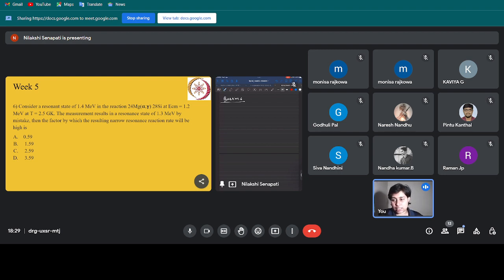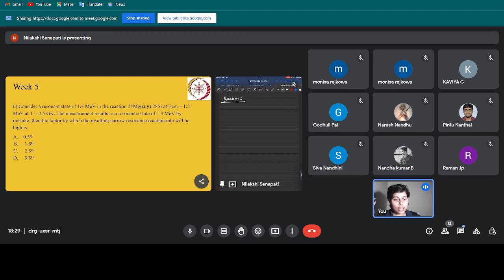It says to consider a resonance state of 1.4 mega electron volt in this reaction at ECM equal to 1.2 mega electron volt at T equal to 2.5 gigakelvin. The measurement results in a resonance state of 1.3 mega electron volt by mistake, but it has been calculated at some other value. Then the factor by which the resulting narrow resonance reaction rate will be high.